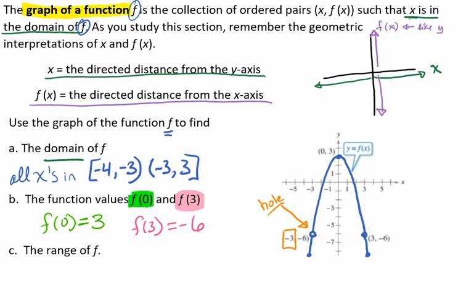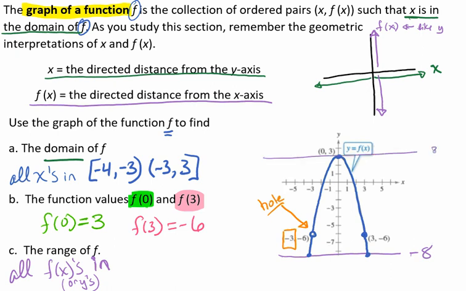So our domain finds everything that x is allowed to be, but our range finds all the things that y is allowed to be. So here we're going to be talking about all the f of x's, or the y's, and if we look, we have a base value of -8, so it goes all the way down to -8, and it comes all the way up here to 3.